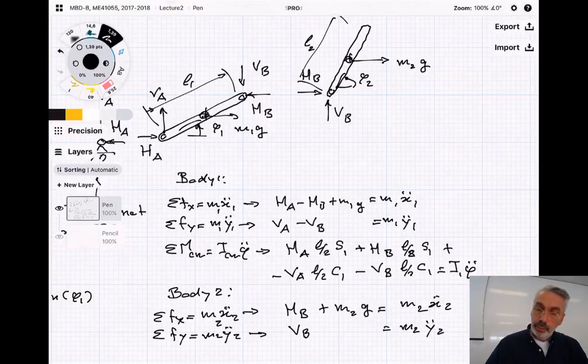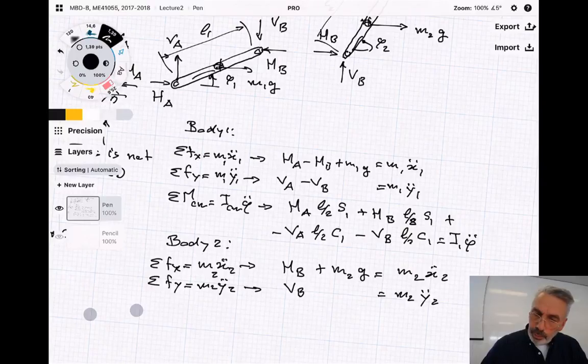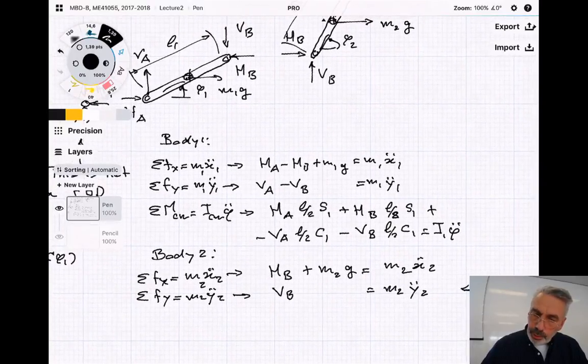Now that's cool. So what is driving the vertical motion of the second body? The vertical joint force, period. Of course, vertical joint force is a function of all the other stuff, but simple equation, right? Then the last one, we need, still this picture a little bit.